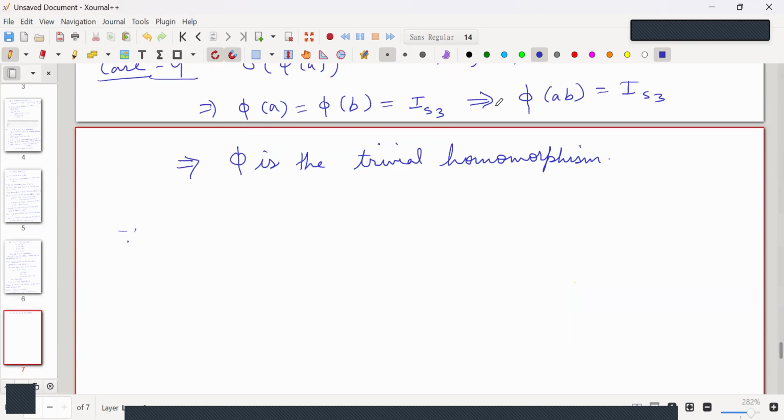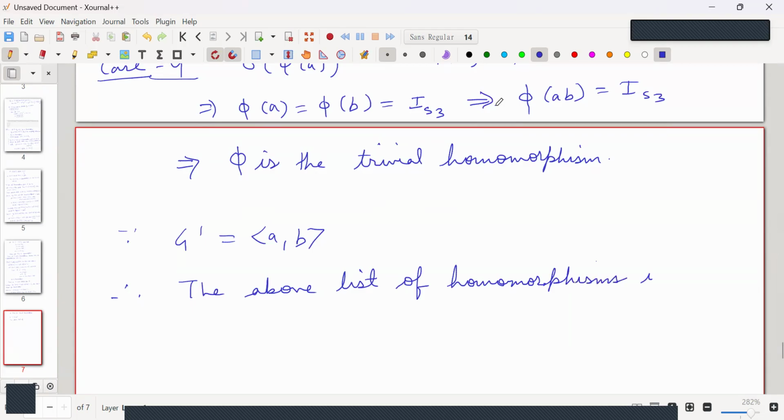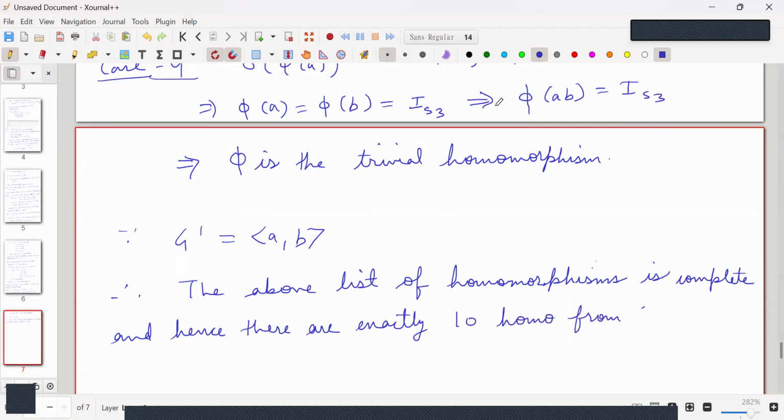So since G prime is generated by A and B, the above list of homomorphisms is complete, and hence there are exactly 10 homomorphisms from G prime to S3.